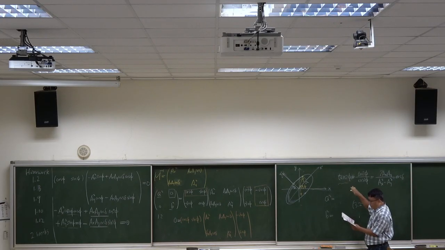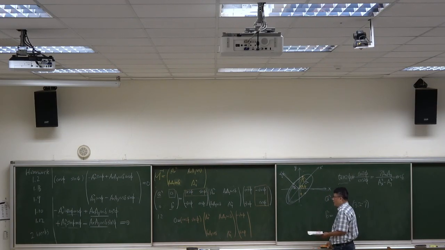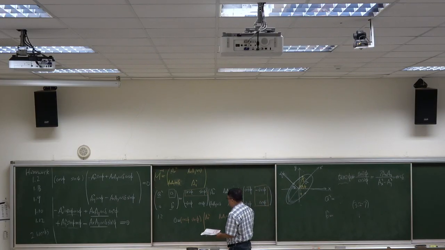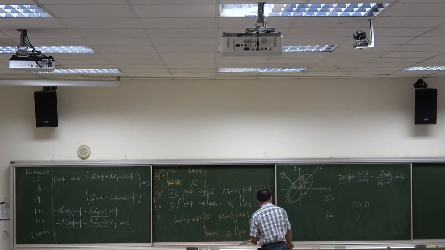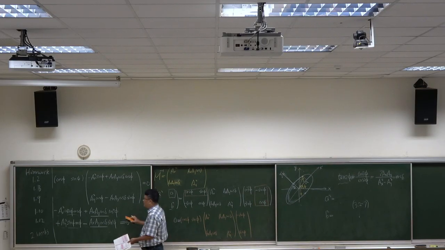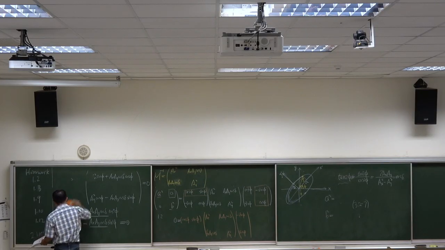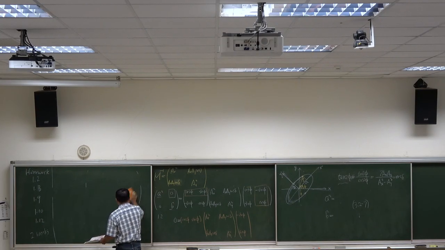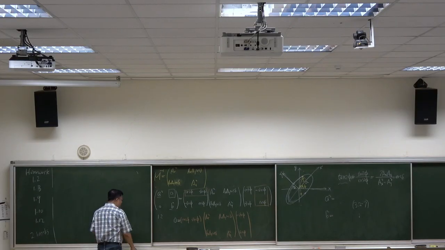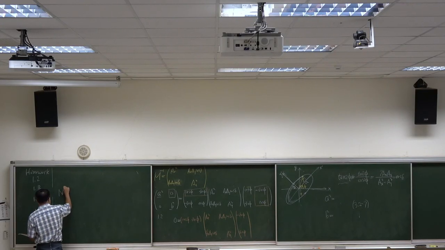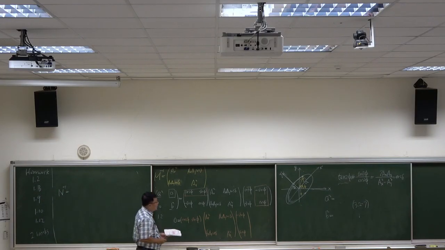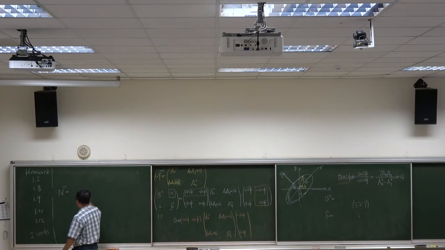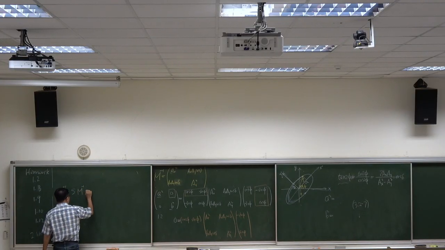I will not write them down; you can just copy them yourself. But I want to mention one thing that will be used later. The expressions of a squared and b squared are a little bit complex, so I do not cite them here. However, according to this relation, N inverse is equal to S F inverse S inverse.